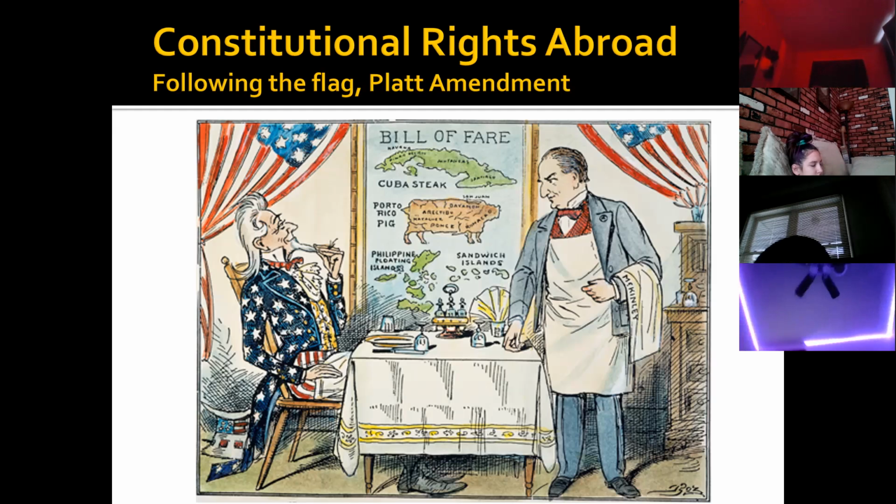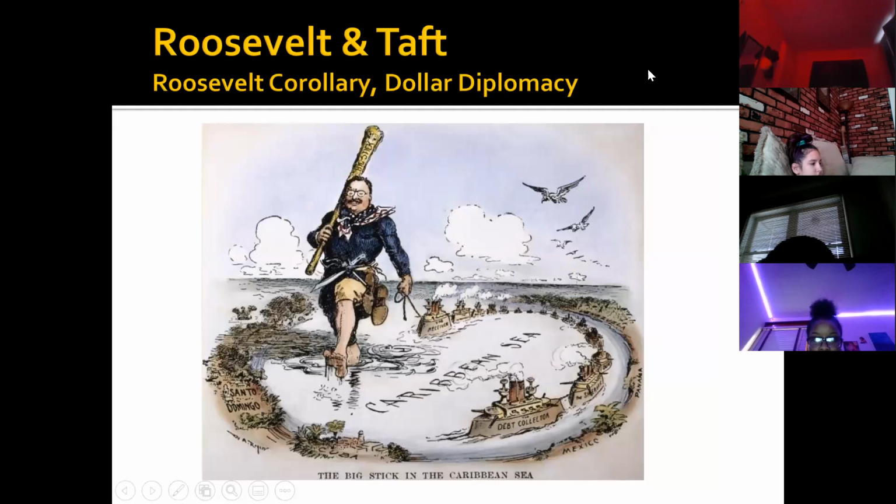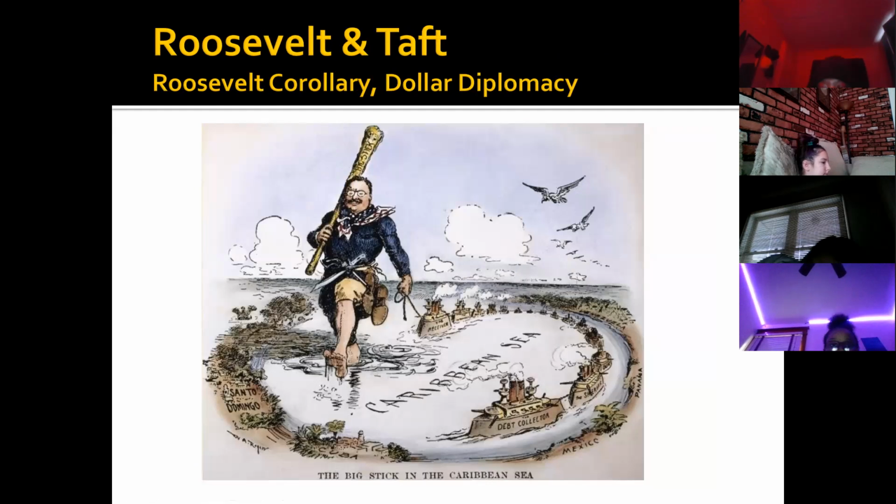Okay, I know it's getting late, so I'm just going to go through one more slide, but instead of doing my narration thing, I'm just going to tell you guys the 2 big key terms that you need to know for this slide. Under Roosevelt and Taft, that's where most of this imperialism happens. The main things you need to know from them is first, the Roosevelt corollary, which is on the screen.